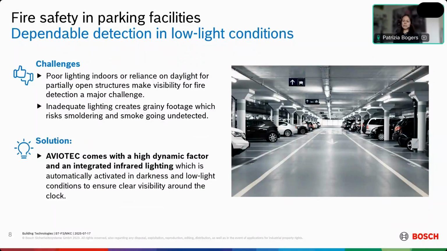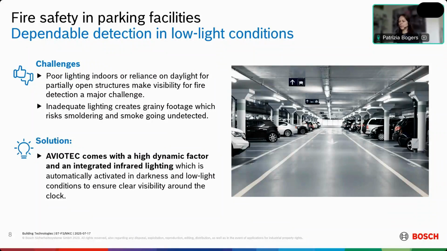And in this context, it's time also to think about the proper solution with video-based fire detection, especially with AVIOTEC, that comes with a high dynamic range, meaning the difference in the image between the darkest and the lightest spot has been improved to factor 1000.